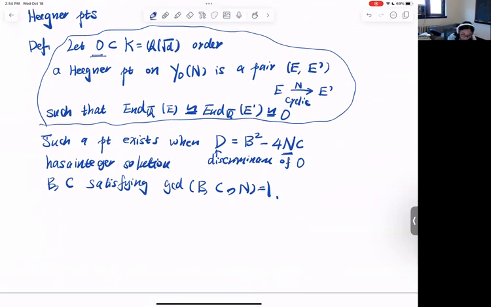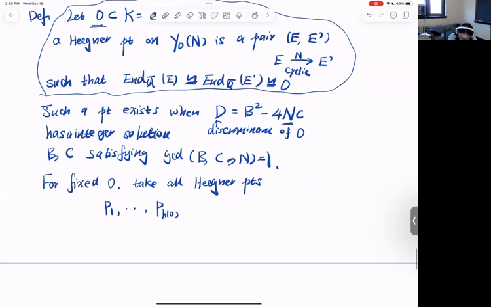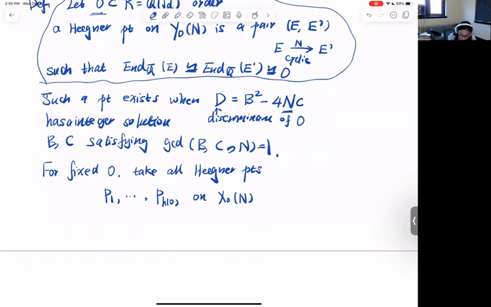Okay, great. So then what we can do is, for fixed O, take all Heegner points with respect to this O, which is P1 through P_h(O), where h(O) is the class number of O. So these are the Heegner points on, let's just say, X naught of N. It doesn't matter whether X naught of N or Y naught of N. And then we know that if you have an elliptic curve such that X naught of N dominates the elliptic curve, we can map these points.